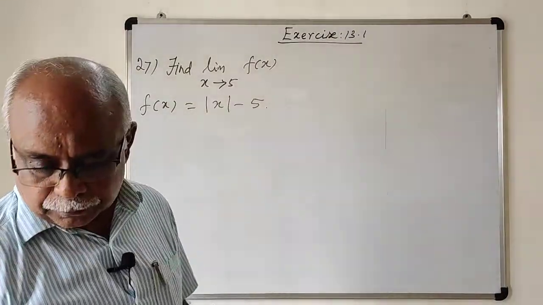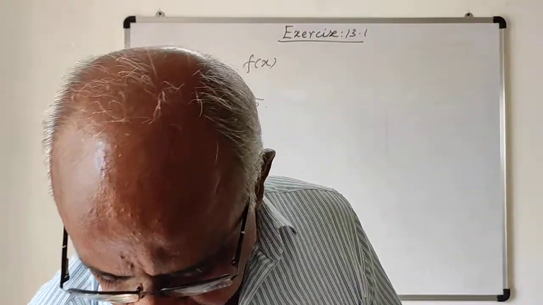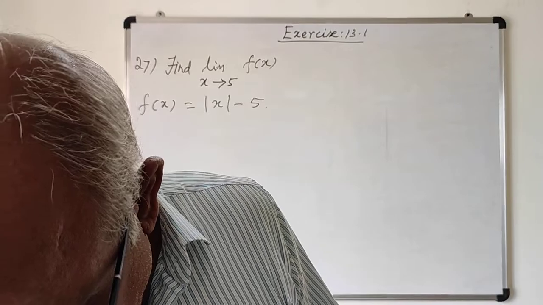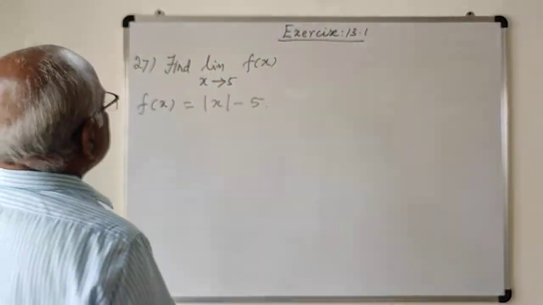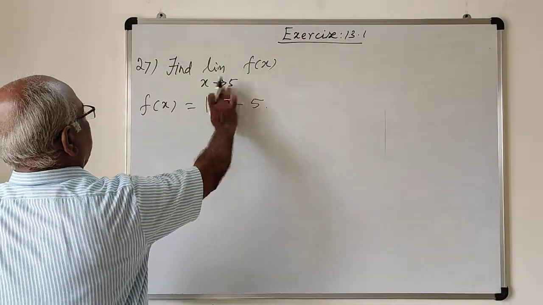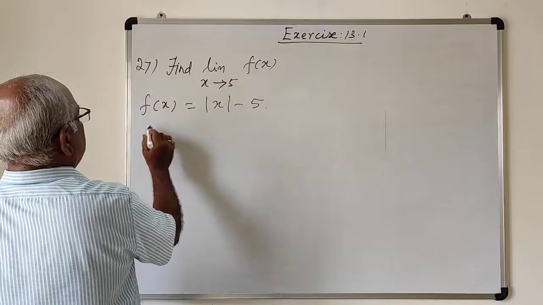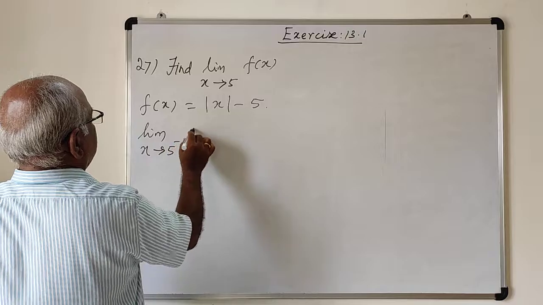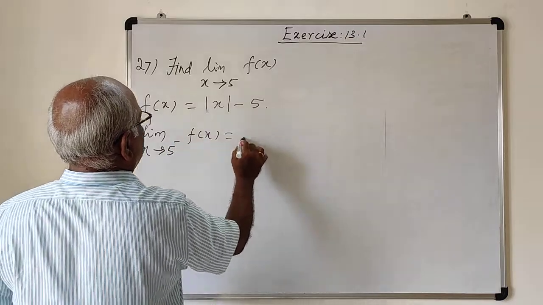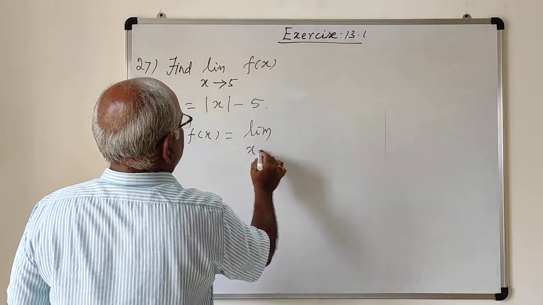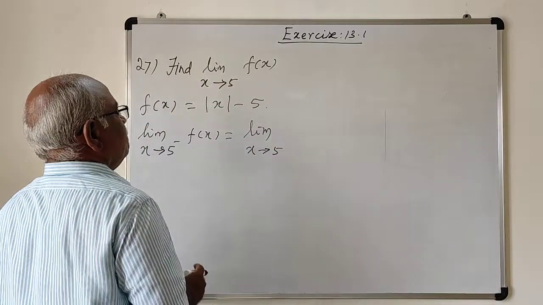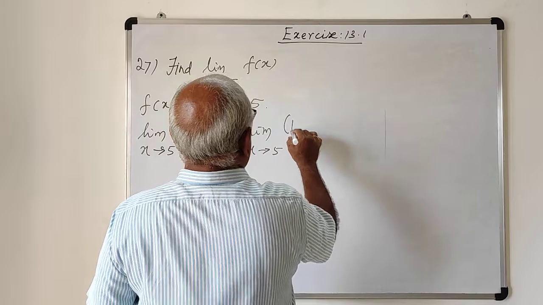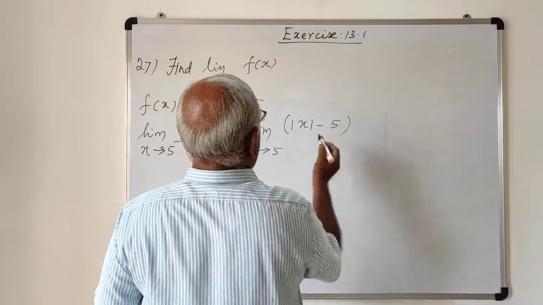Here, the left limit at 5 and right limit at 5 have to be determined. First, limit x tends to 5 minus f of x is equal to limit x tends to 5 mod x minus 5.